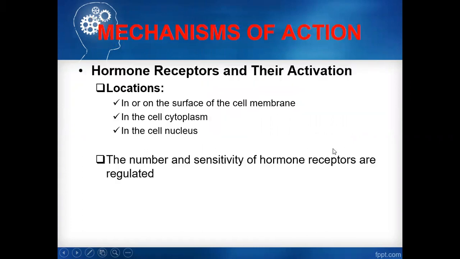Now, I've mentioned that there are receptors in a target cell. Once the hormone is bound to that particular receptor, it generates a physiological effect. That mechanism of activation of these hormones would vary depending on its location.